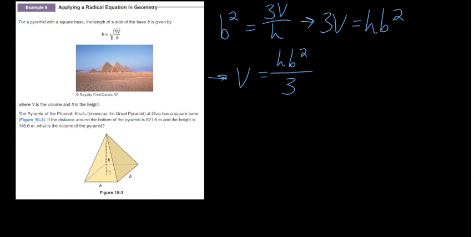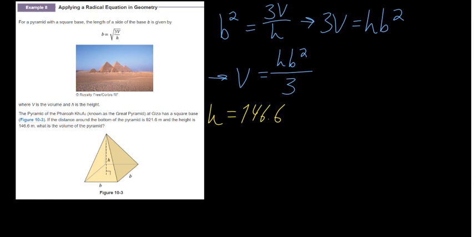So it reads, we're looking for, the height is going to be 146.6 meters. All right, so the height is 146.6.